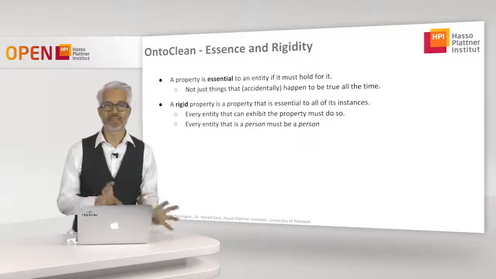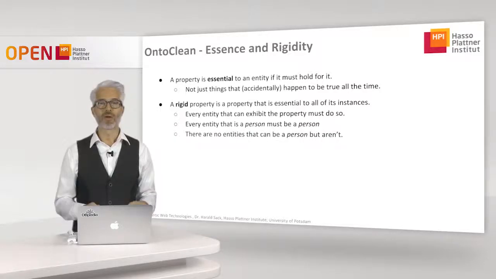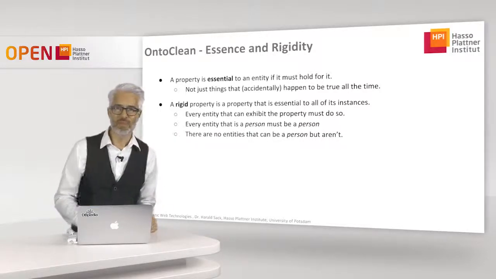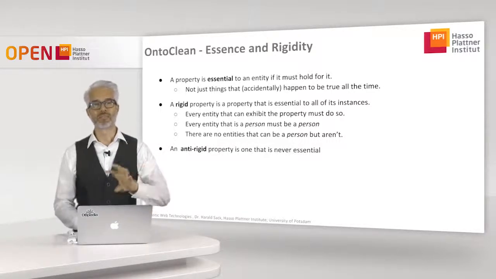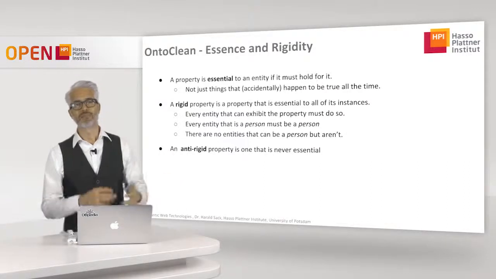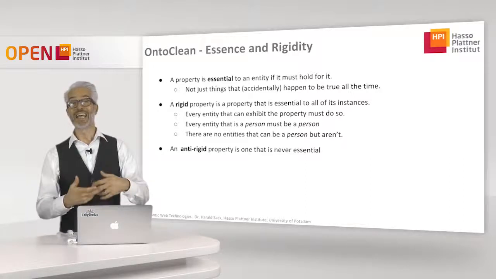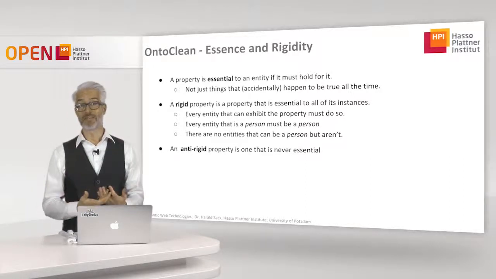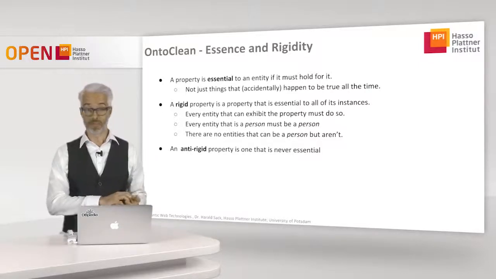Every entity that is a person must be a person. That's quite clear. There are no entities that can be a person but that aren't a person. A property is rigid if it holds for all time. If a person ceases to exist, then the entity also ceases to exist. So person is a rigid property.